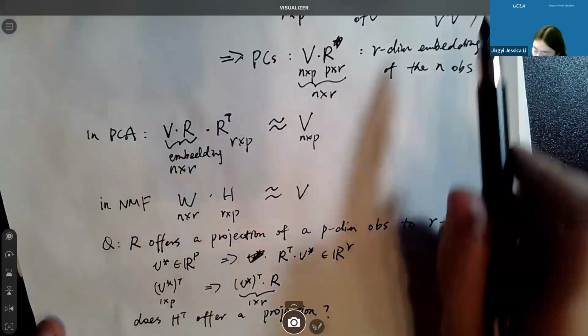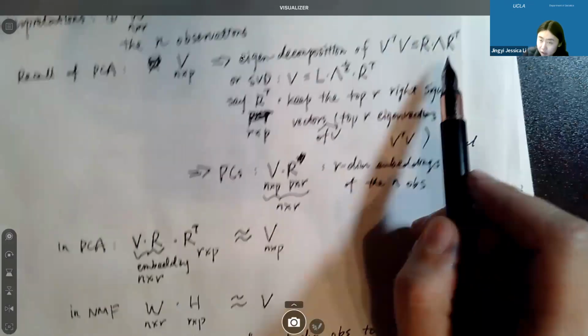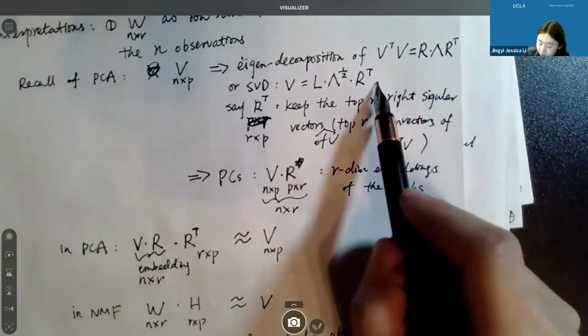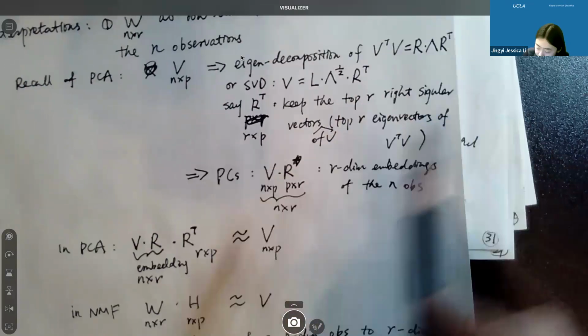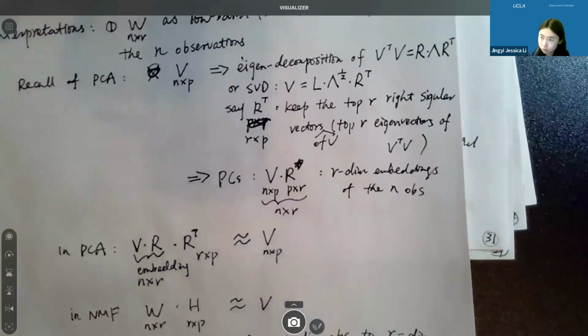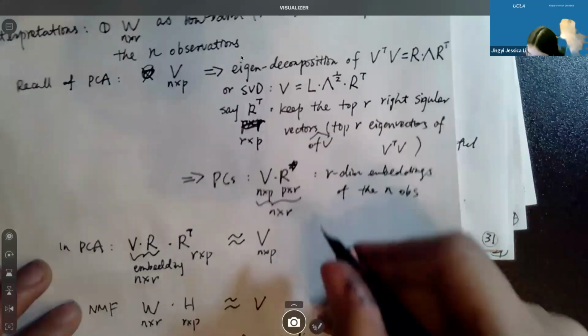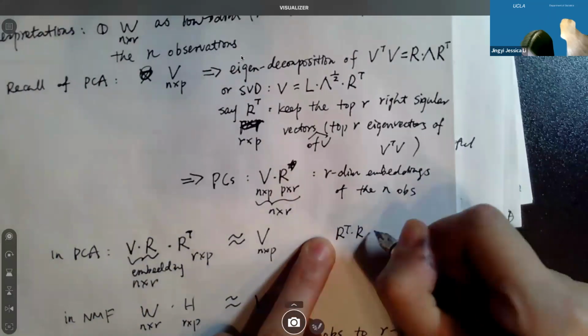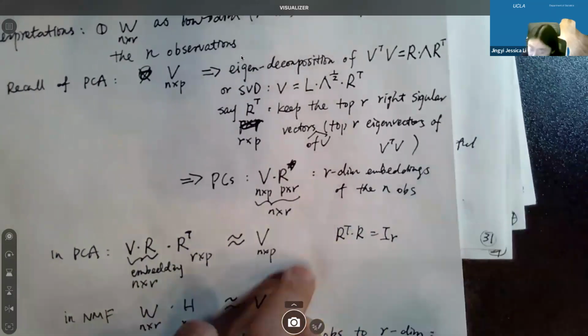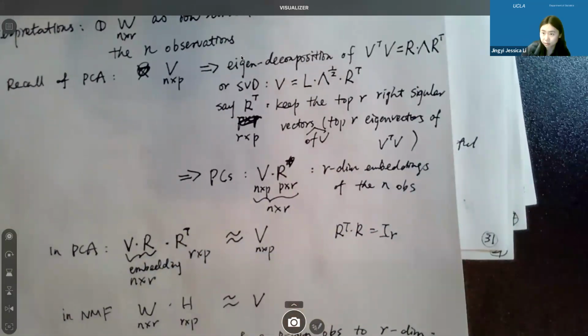So we know that by the definition of the eigenvector or singular vector, we would have R transpose times R equals an identity matrix. So for here, what we have is R transpose times R is equal to an identity matrix of R dimensional. This is not a problem.